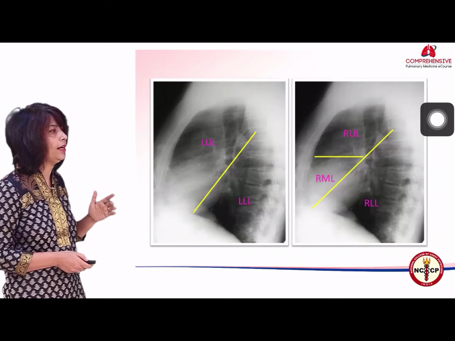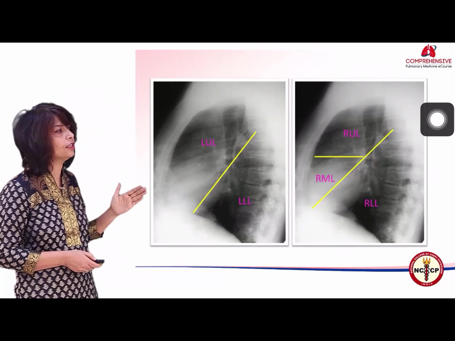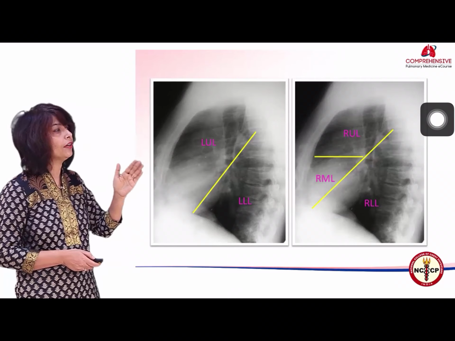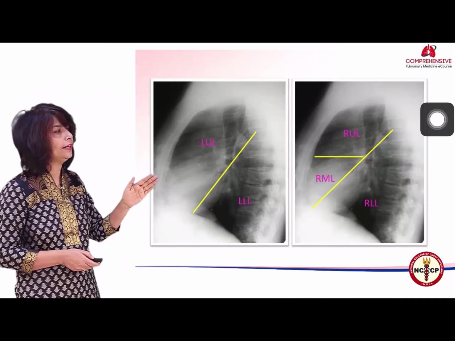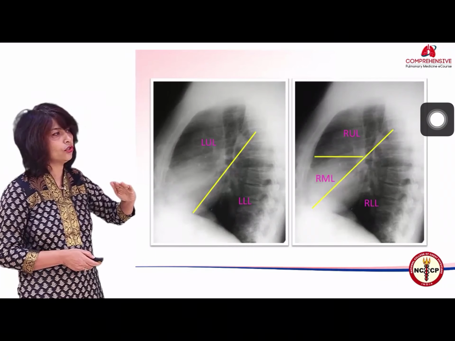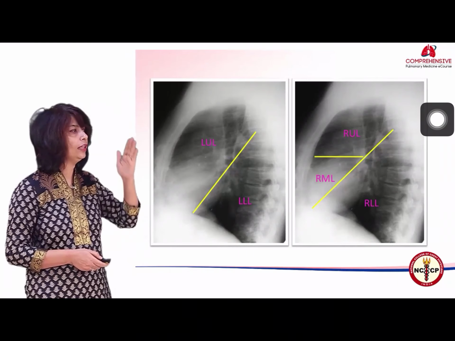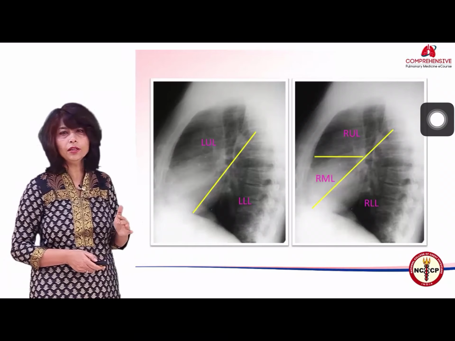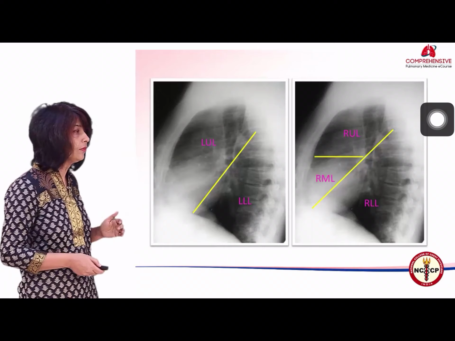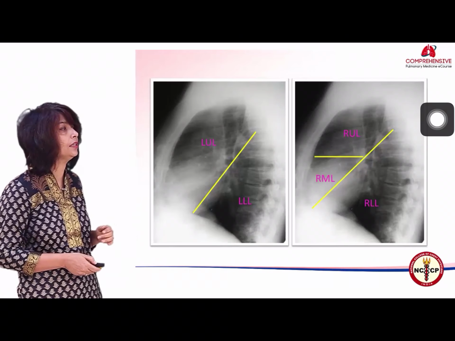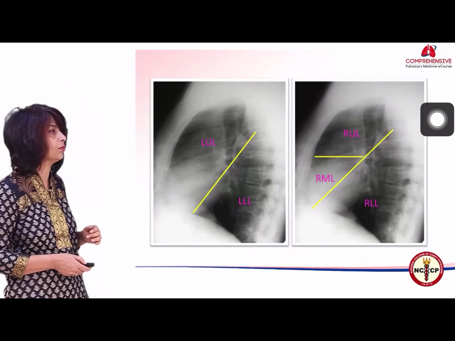The left one has a more vertical course because it ends at the posterior cardiac border, but the right one goes right anteriorly up to the costophrenic angle. So the anterior and more horizontal one will be the right one, while the more vertical one which stops behind the heart border will be the left one. The relevance of it will become obvious to you as we see the cases subsequently.